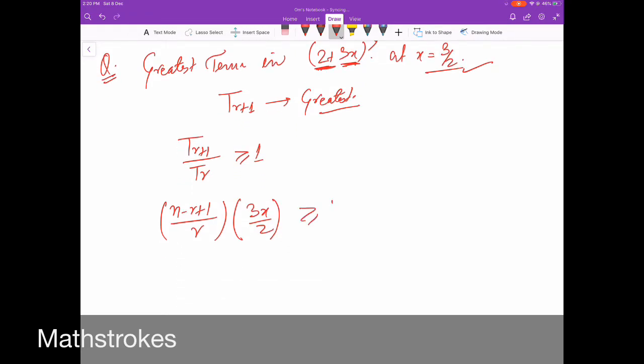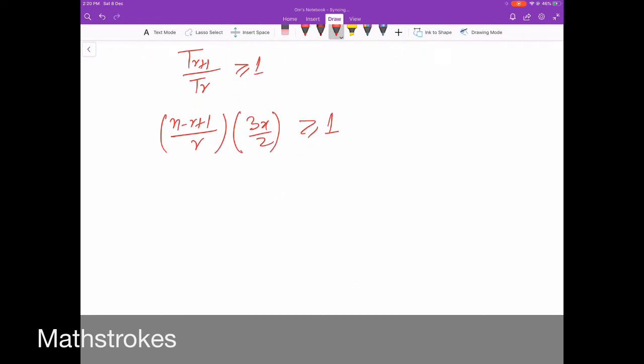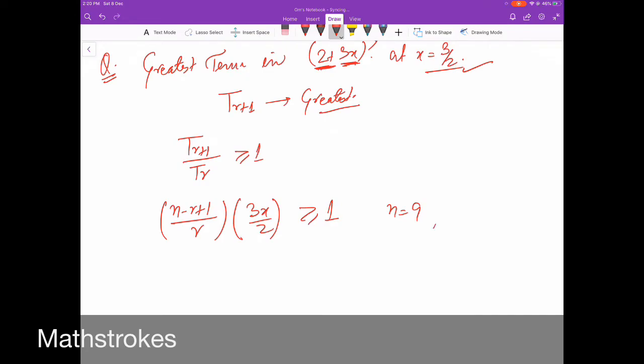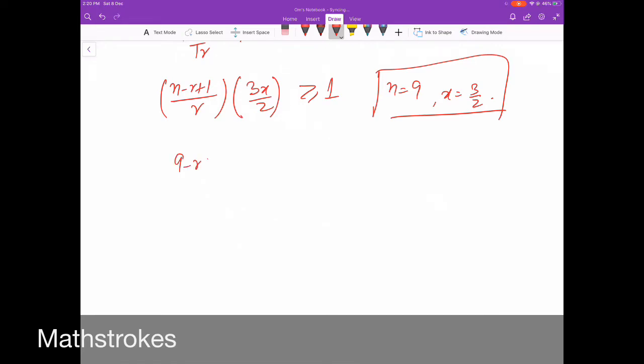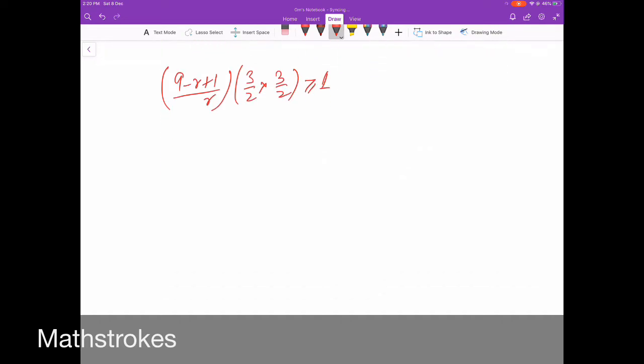This is greater than or equal to 1. Fine. Now n is equal to 9, x is equal to 3 by 2 in this question. Putting the values, we get (9 minus r plus 1) upon r multiplied by 3 by 2 into x is also 3 by 2 greater than or equal to 1. This is (10 minus r) upon r. This is 9 by 4 is greater than or equal to 1.